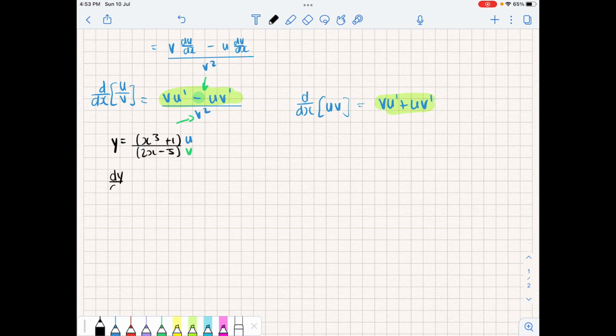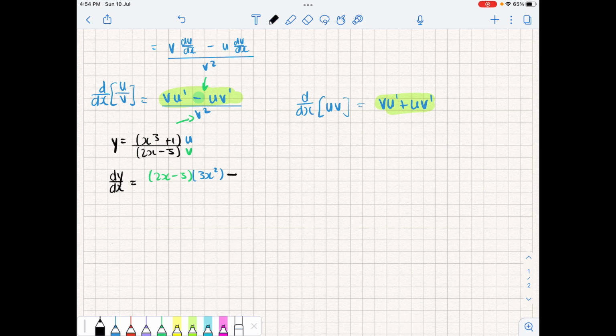So if I want to differentiate with respect to x using the quotient rule, I need to take v, which is 2x minus 3, and multiply that by the derivative of u. So u is x cubed plus 1, so its derivative is 3x squared. Now, very important, we must subtract.